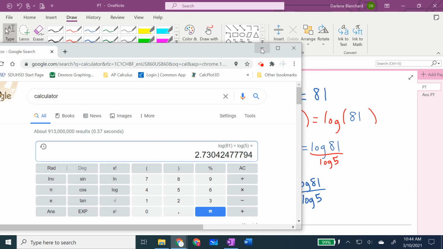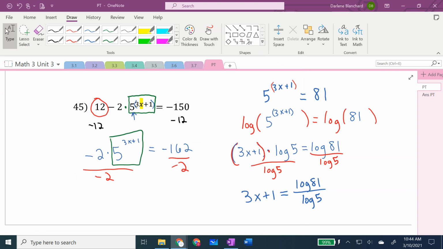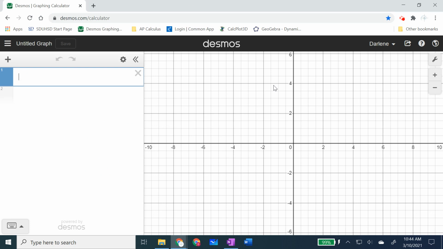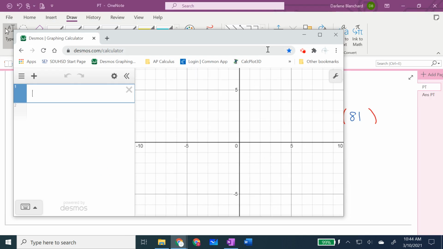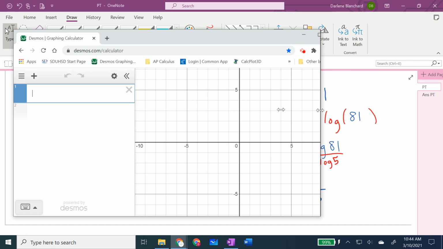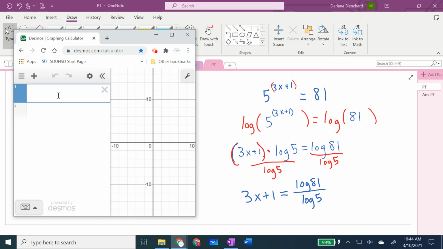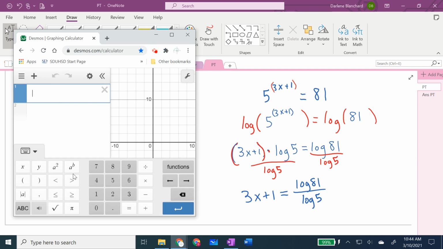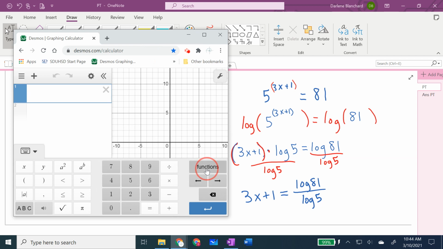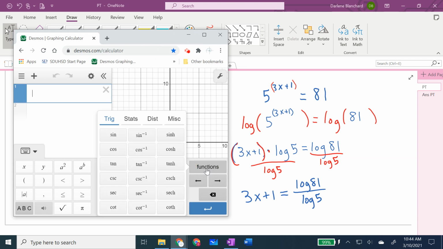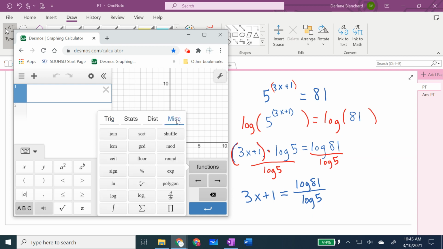Another option that you have is the Desmos. If you open up Desmos and you're not concerned about graphing, you just want to find a number, you can open up the keyboard and when you open up functions, you're going to go to miscellaneous and you have the log function.